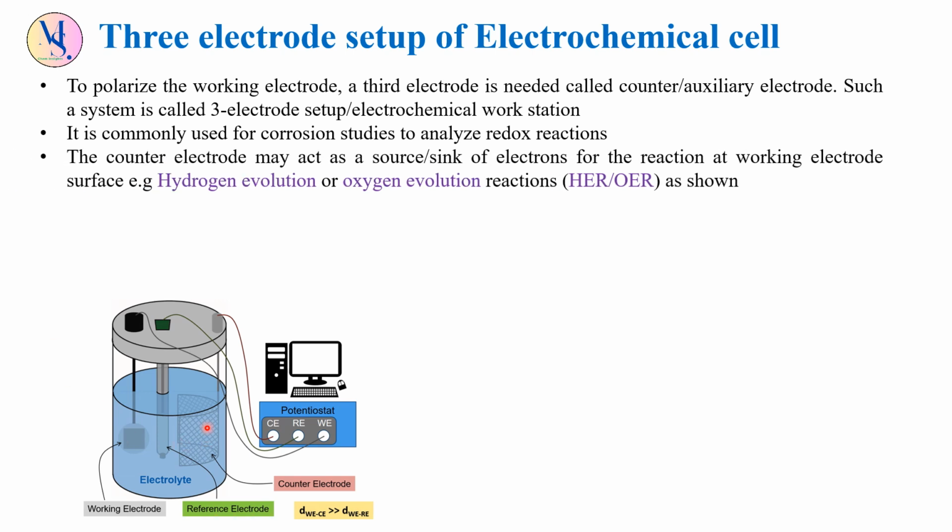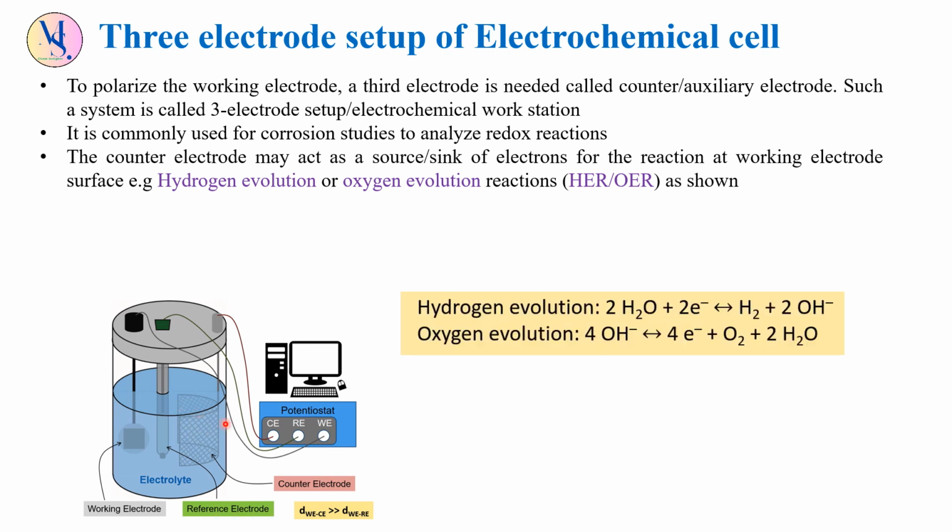The counter electrode may act as a source or sink of electrons, that is, it means that it may act as a cathode or anode. For example, during the water splitting study, we have to analyze the HER and OER processes, that is hydrogen evolution process, which occurs at the surface of cathode, and this may occur either at working electrode or counter electrode.